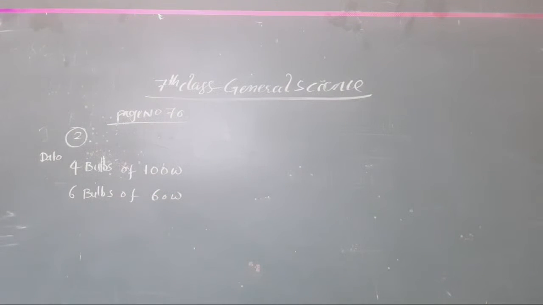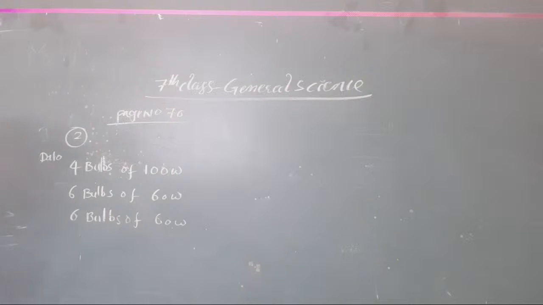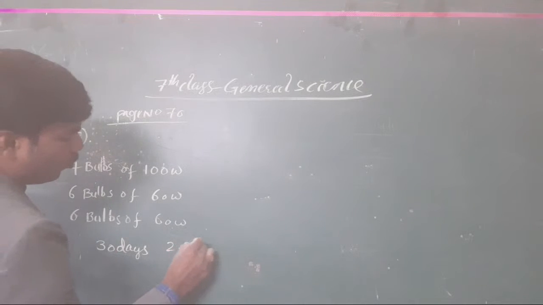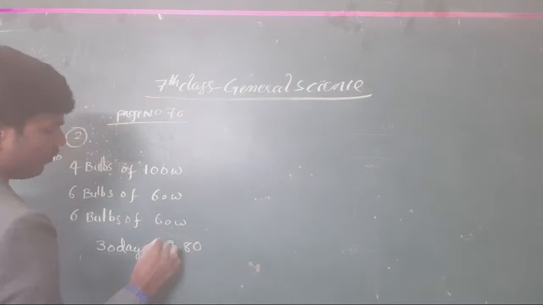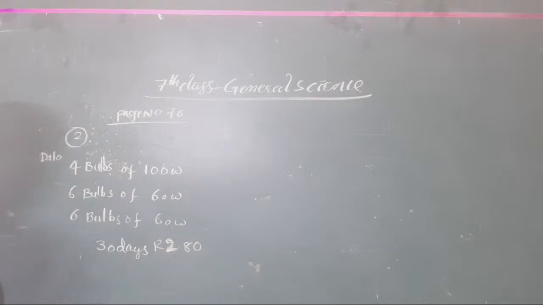Clear or not, all the students? And there are 6 more bulbs of 60 watts. Now that electricity is used for 30 days. And what is the rate for 1 unit here? The rate for 1 unit is 2 rupees 80 paise.